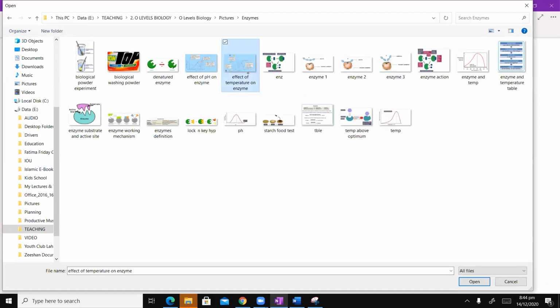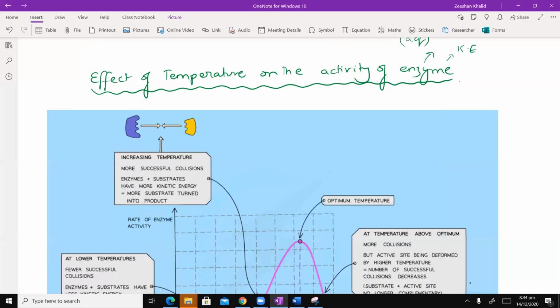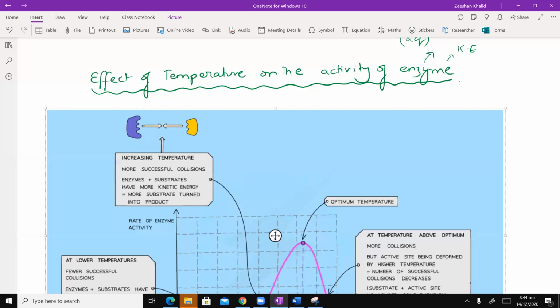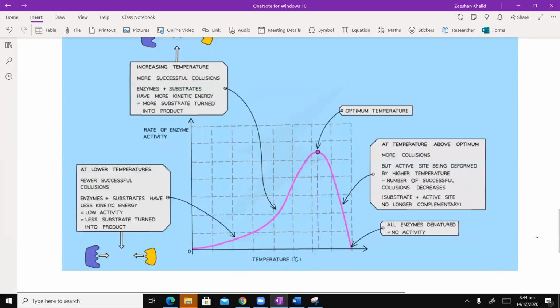Okay, there you go. Okay, इस पे जो अभी text लिखा हुआ है, just ignore the text that has been written. Inshallah, I will explain all of that in a while, but I just want you to look at the graph.